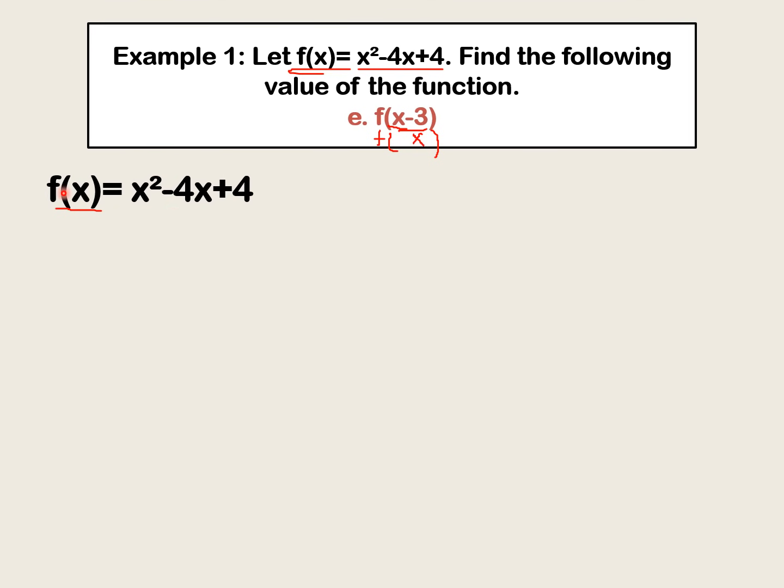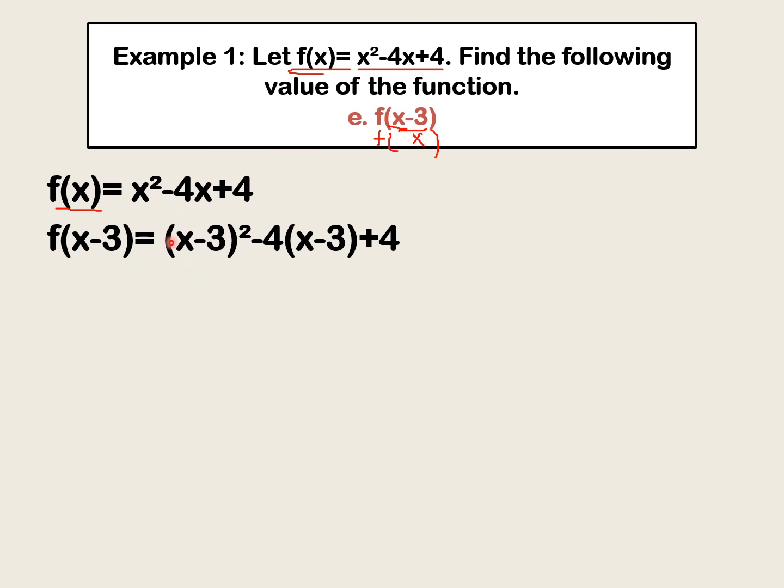Okay? So, same process pa din tayo. Lahat ng x dito, papalitan nyo lang nung mismong value, x minus 3. Okay? So, bale, it would be f of x minus 3 equals x becomes x minus 3. Tapos, square.